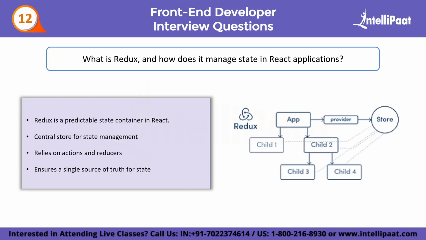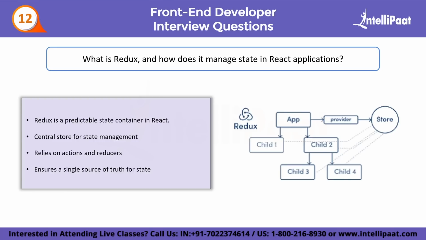The store is created by passing a reducer function. It holds the application state, allows you to dispatch actions, and when you dispatch an action, the store calls the reducer to calculate the new state. In a React application, components can connect to the Redux store using the connect function or React hooks like useSelector and useDispatch.